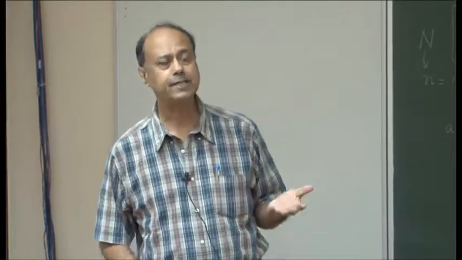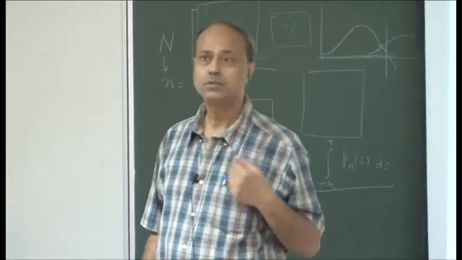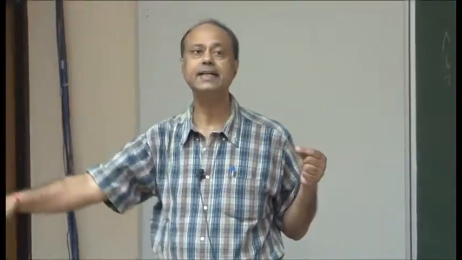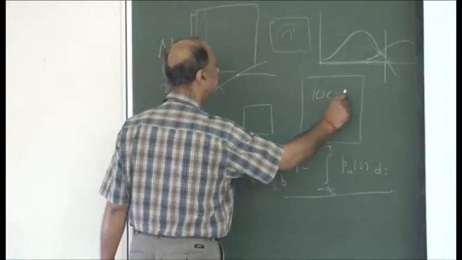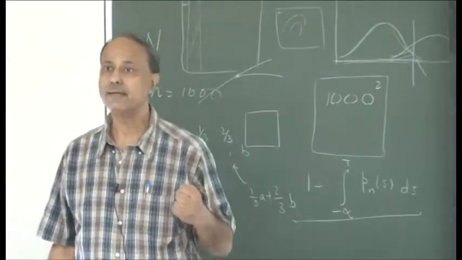Now, in the case of the impostor, leave-one-out, because I will be leaving out myself, so I will be compared with the remaining 999 people, am I right? And there are 1000 such people. So, 1000 into 999, that means approximately 1000 to the power 2. So, in the case of estimating the false acceptance rate for a database size of 1000, I have results on approximately 1000 squared, 999 into 1000.